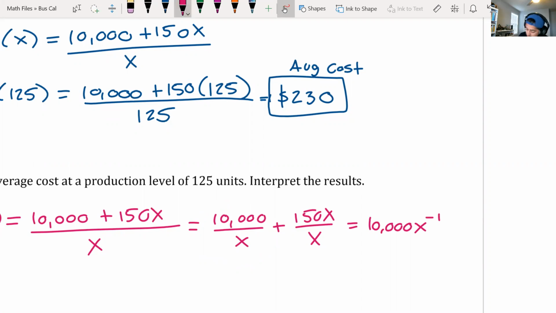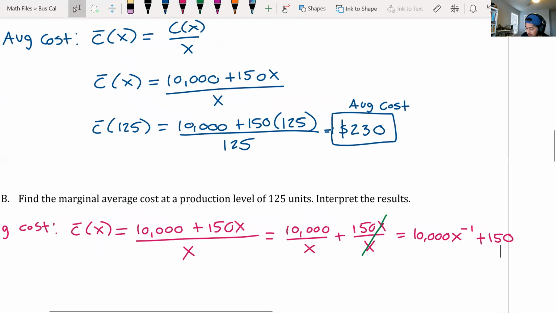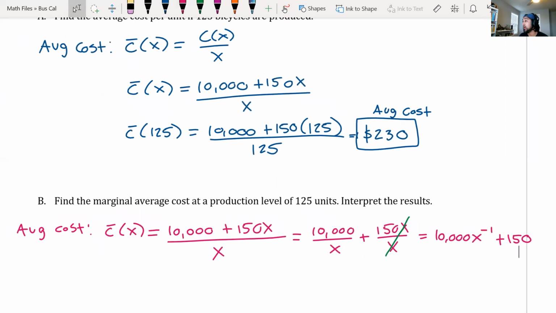And then on your 150x over x, your x's are going to cancel. So you're just left with 150. Now we have put the average cost function into a form that we can take the derivative of.